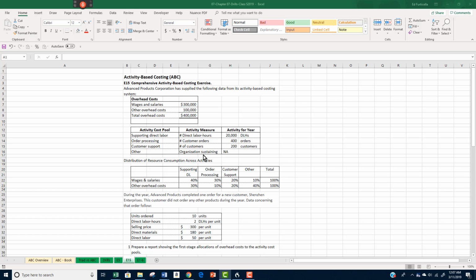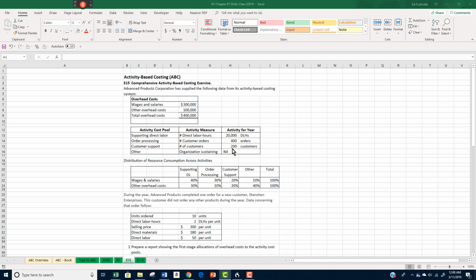So it's going to occur regardless of whether we produce or not, so we don't have to include this in our analysis. Now, as far as activity for the year, we figure that we're going to have about 20,000 direct labor hours. We figure we'll get about 400 customer orders and that we have 200 customers.